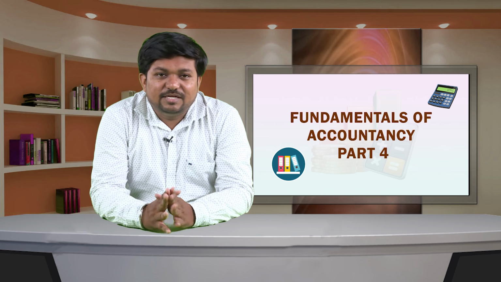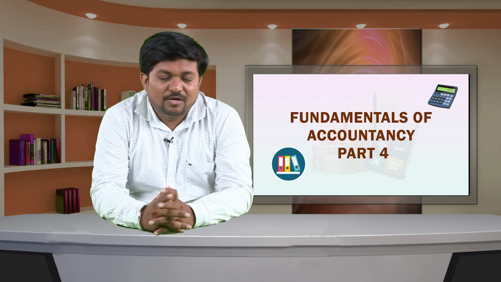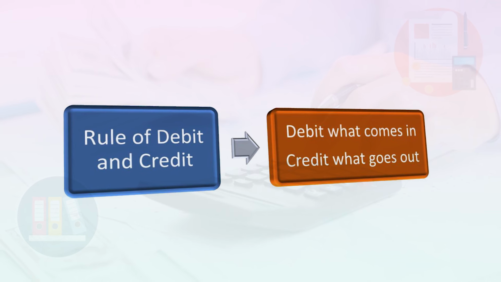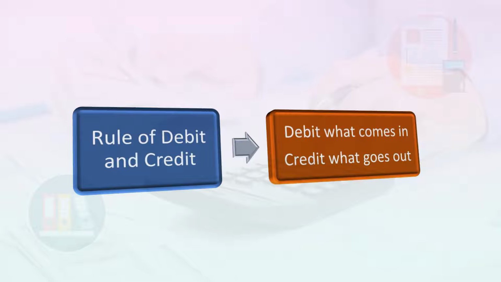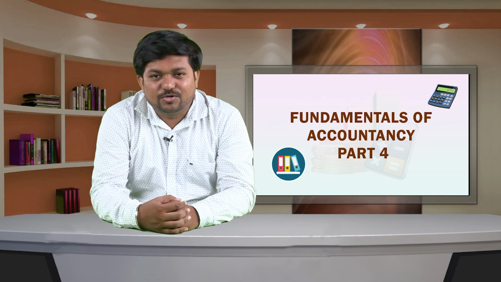Generally, real accounts are placed on the asset side of the balance sheet. The rule of real accounts is debit whatever comes in and credit whatever goes out. You have to remember: debit whatever comes in and credit whatever goes out.